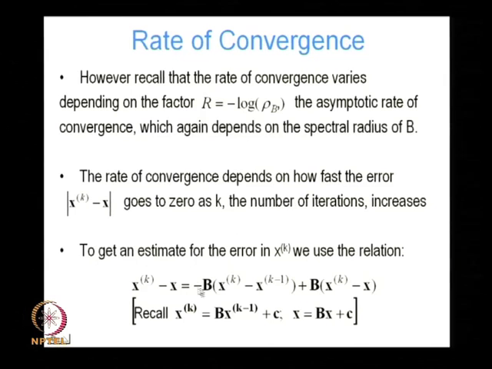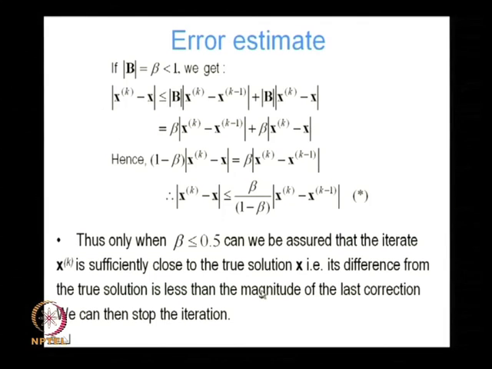So, just taking the norm of both sides and using the fact that the norm of this operating on that is less than or equal to the norm of this times the norm of that.